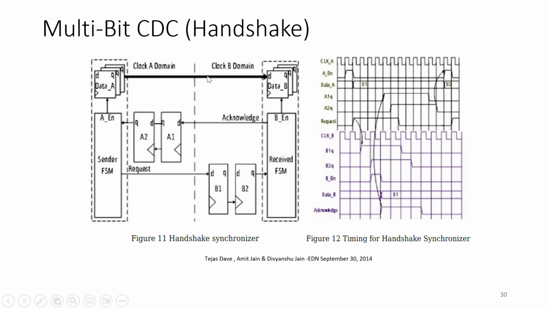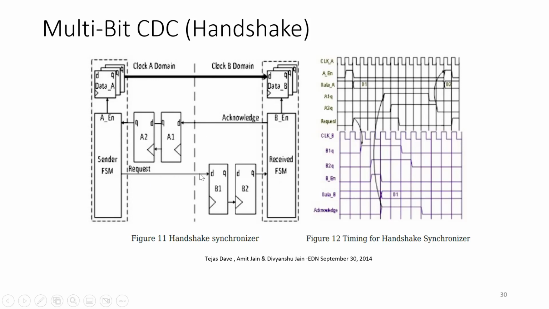Now, please track with me what is happening right in here. This is my request. When the data changed and it was available, I sent my request. Can you see the request? Yeah. Going high. Going where?